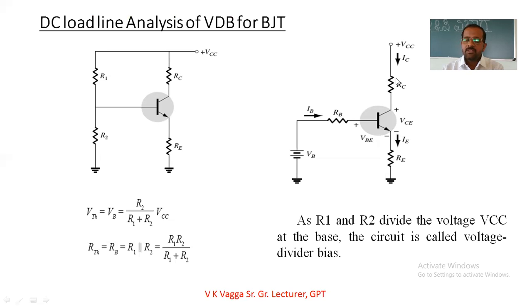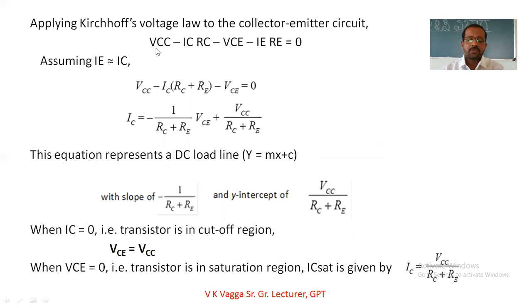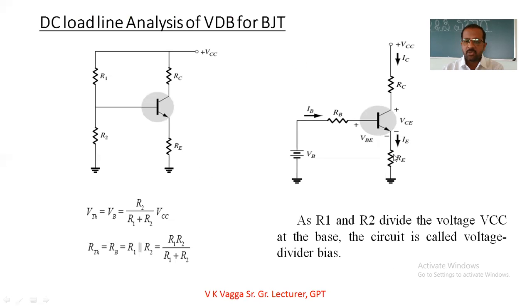The voltage across RC is equal to IC into RC. In the same way, the voltage across RE is equal to IE into RE. So you can write the formula as VCC minus ICRC, minus VCE, minus IERE is equal to 0. You can obtain this equation with this circuit.